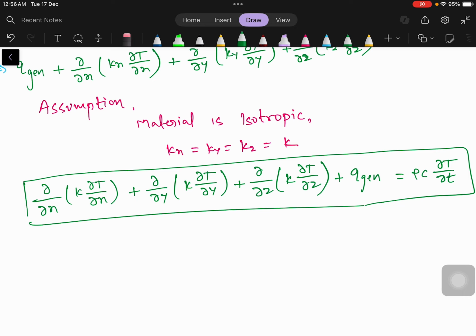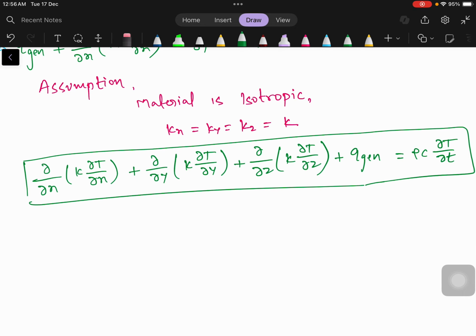Let's assume k is independent of temperature.